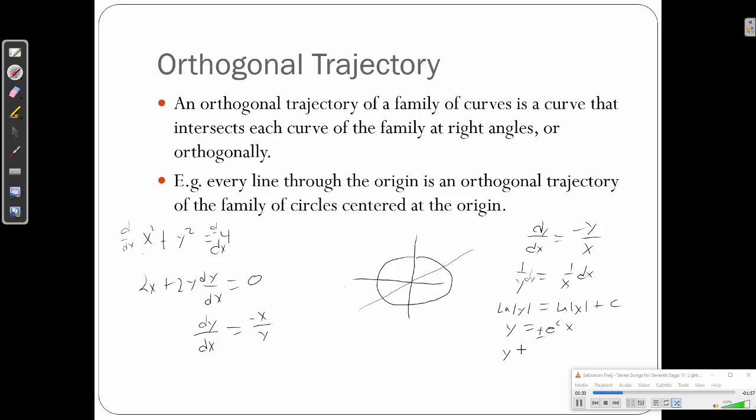So that means y equals, we will call it, ax. So that is the formula of every line that goes through the origin.